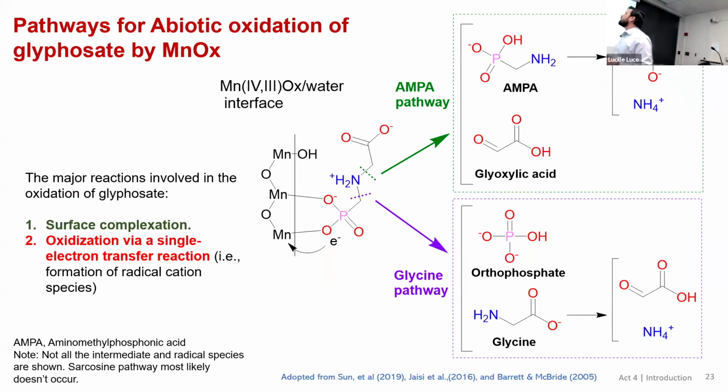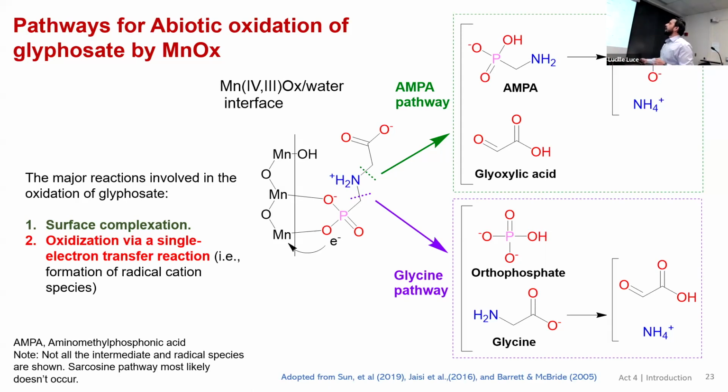On this slide, I'm showing two interesting pathways in terms of my study. The pathway that creates aminomethylphosphonic acid, or AMPA, and the glycine pathway. The reason we have two different molecules is because this C-N cleavage can happen in two different positions, and they can create two different molecules and two different pathways.